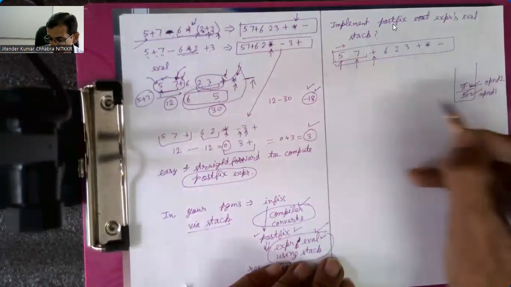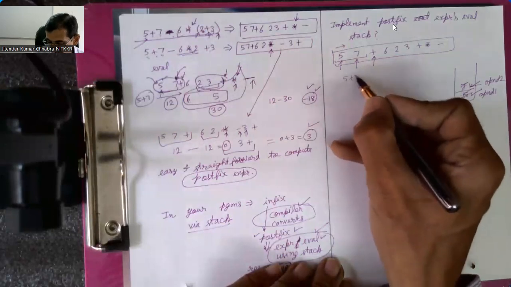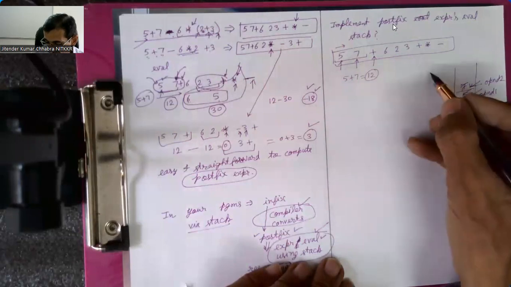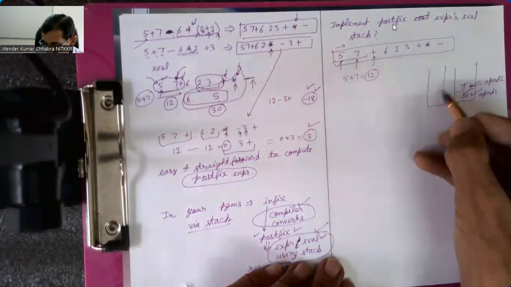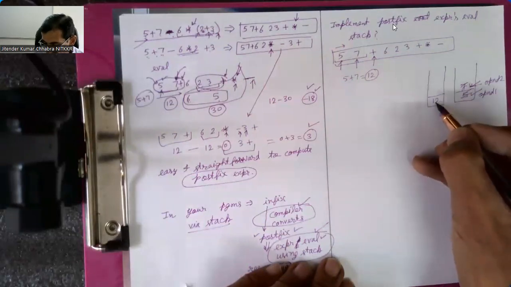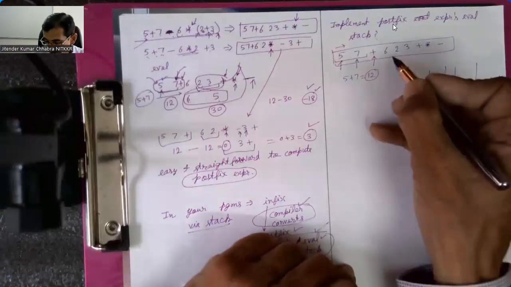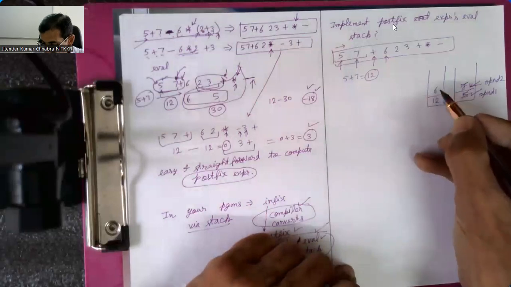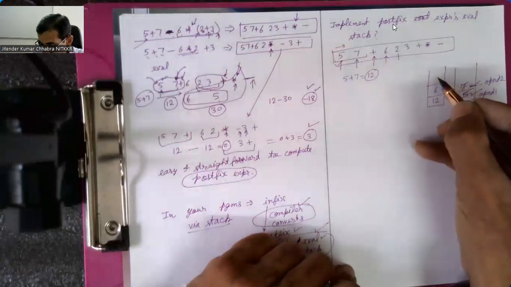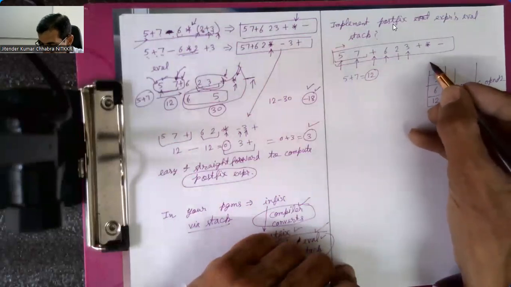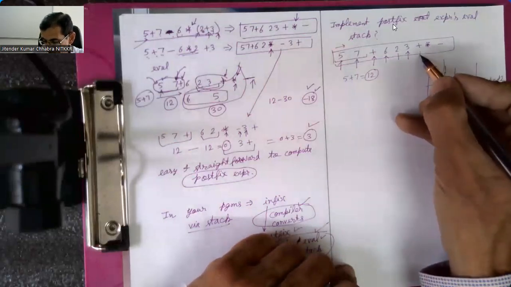Both will be popped out. This stack will be empty, and I will do 5 plus 7, that is 12. 12 was calculated. I will again push 12 into the stack because this is also going to be an operand for someone. Then comes 6, push into the stack. Comes 2, push into the stack. Comes 3, push into the stack. Comes plus.